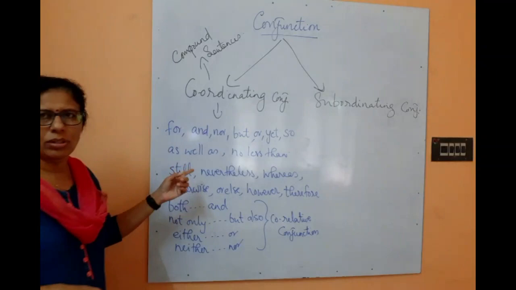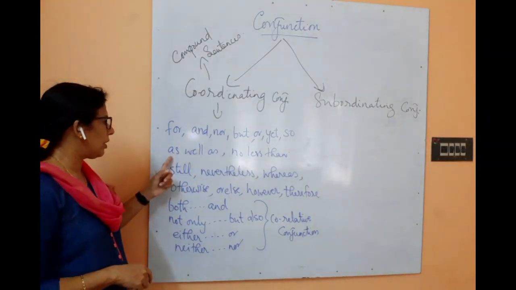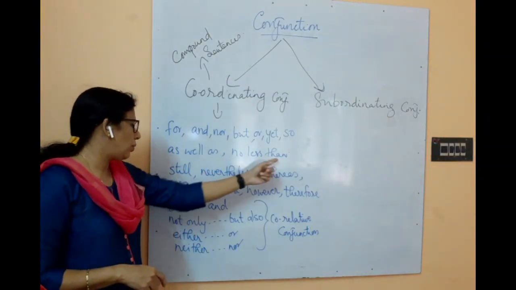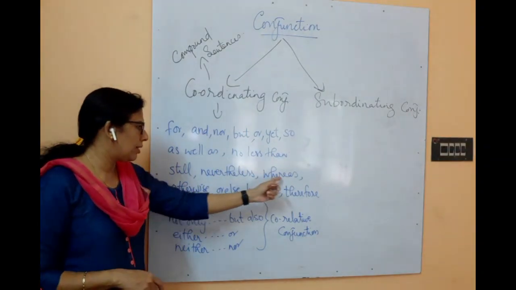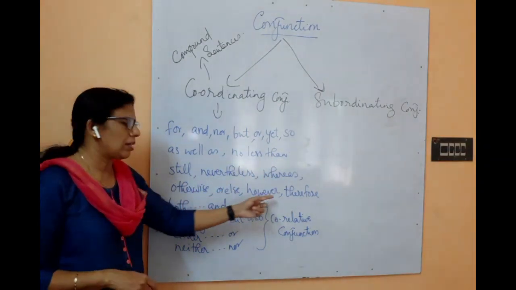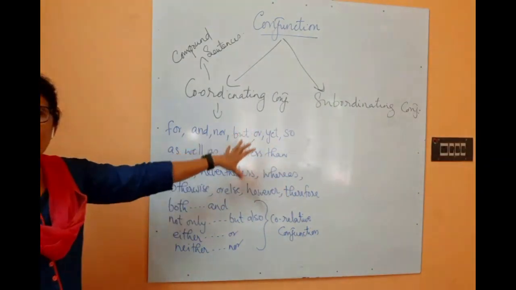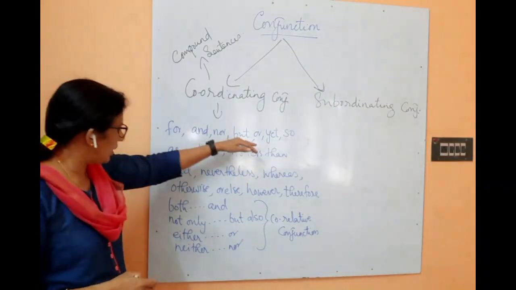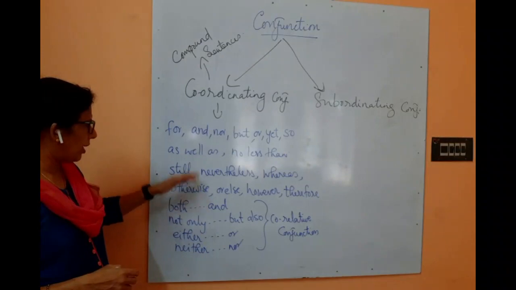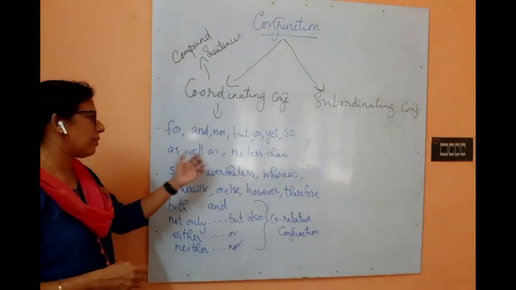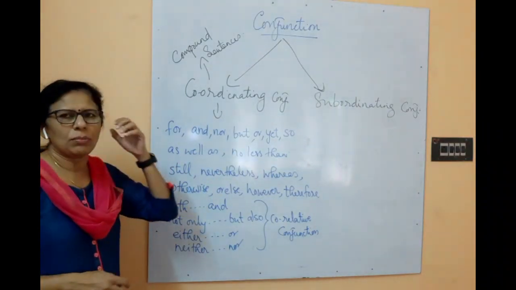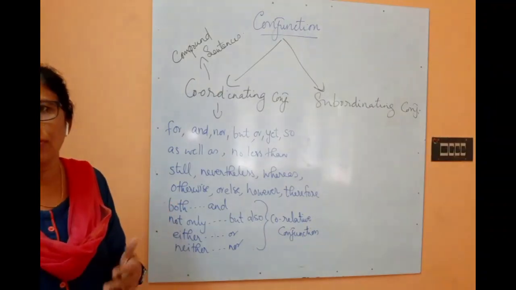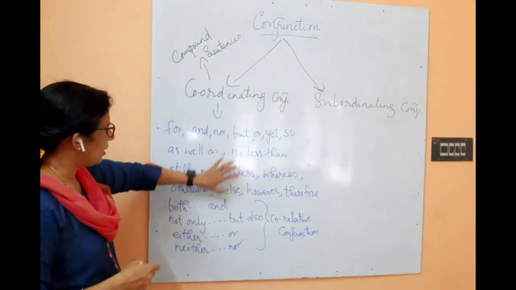Other than that, some more conjunctions come under coordinating conjunction: as well as, no less than, still, nevertheless, whereas, otherwise, or else, however, therefore. All these conjunctions are not usually used in common. Some of them we will use, but not all of them are used often. The frequency of usage of these conjunctions is less.